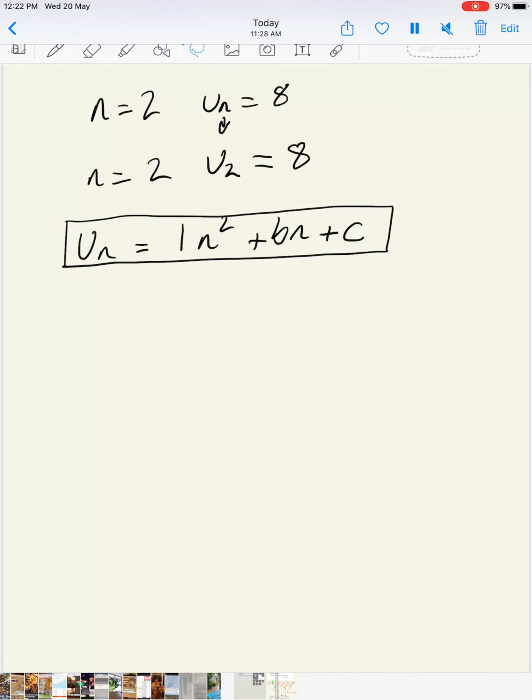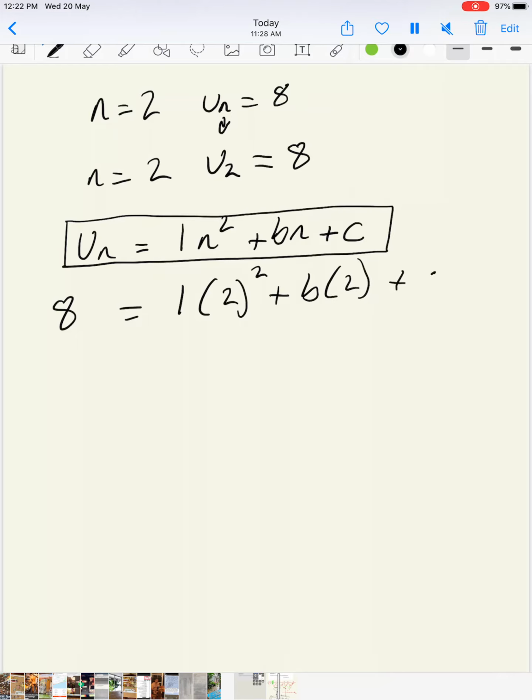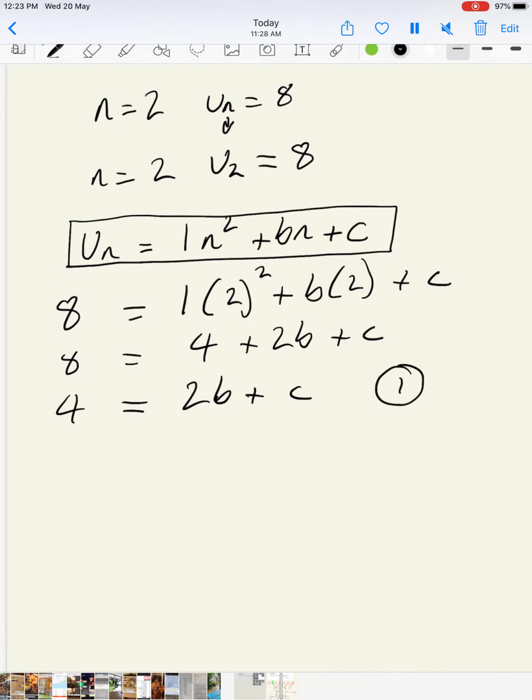Okay, and we're just going to substitute our two values of 2 and 8 into our model. So 8 is the output, or the u2, and n is the input, 2. Okay, just go and tidy that up. A little bit of rearranging. Okay, let's call that equation 1.